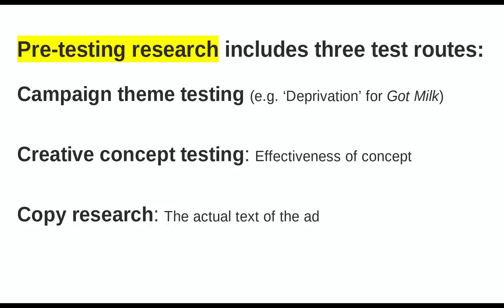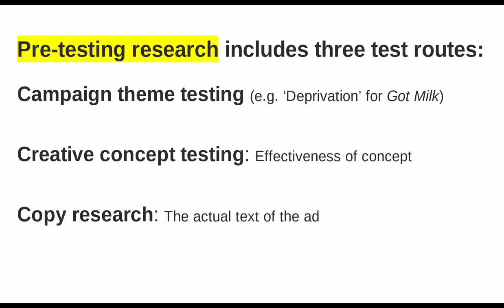But let's say, for example, they want to test if the concept itself is working. This is a good time to do it before you spend all that money on all those different media to run the ad. You test if the concept is a good concept.